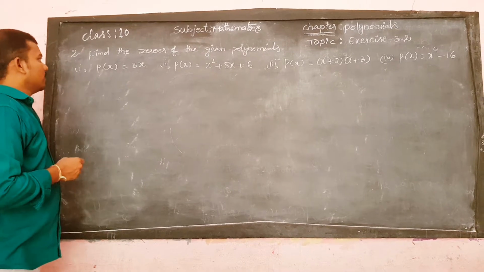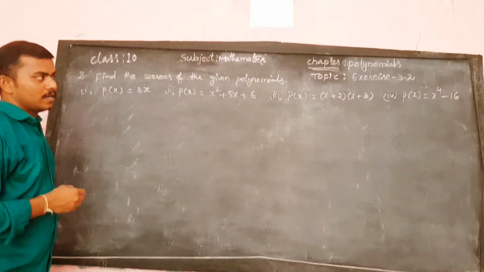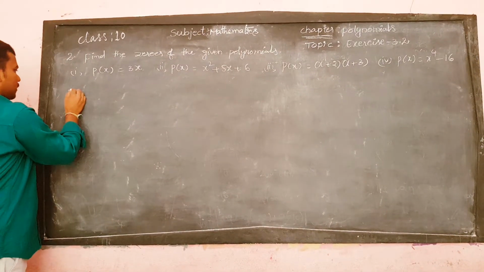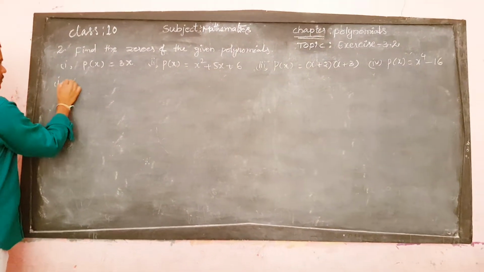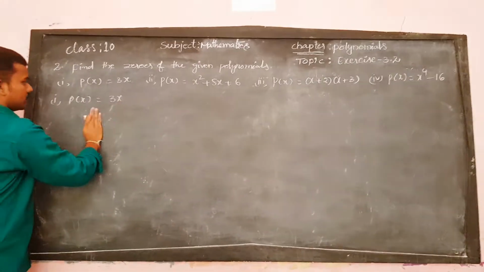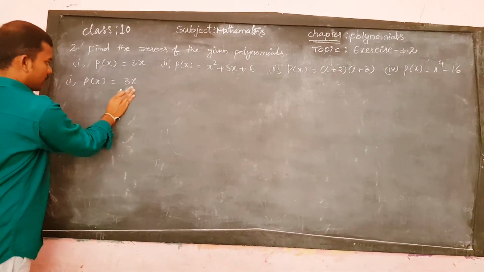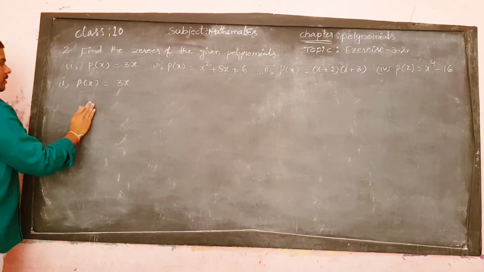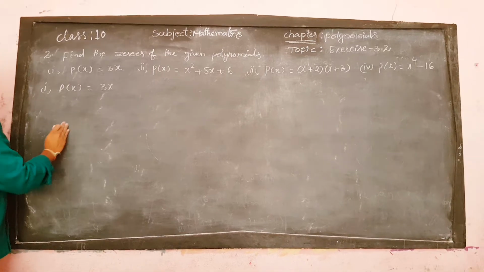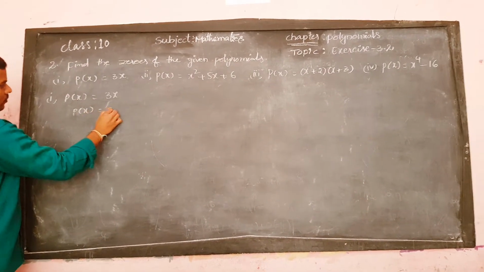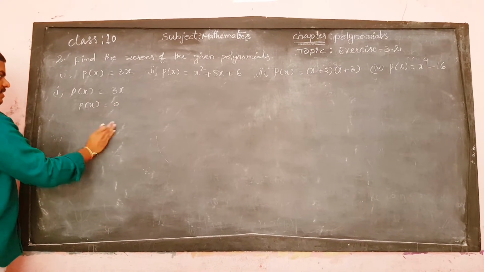Second question, find the zeros of the given polynomials. First question, p of x equals 3x. We find the zero of p of x equals 3x. The zero of the polynomial is where p of x equals 0.